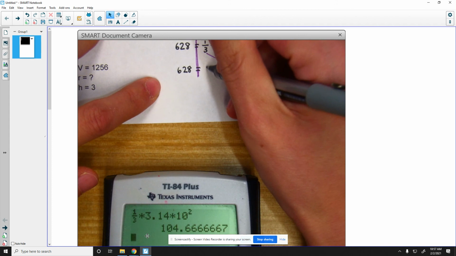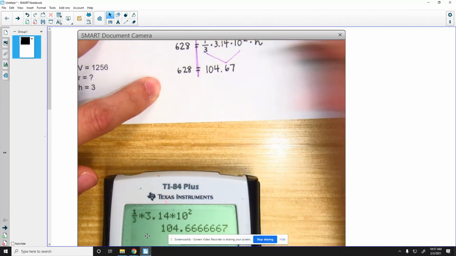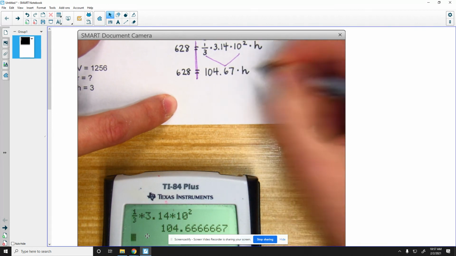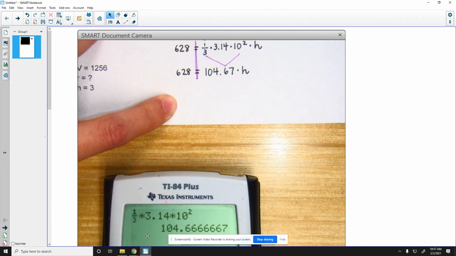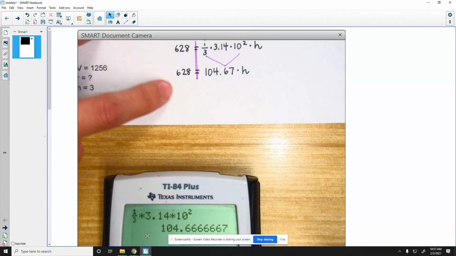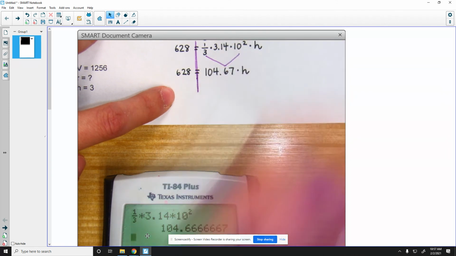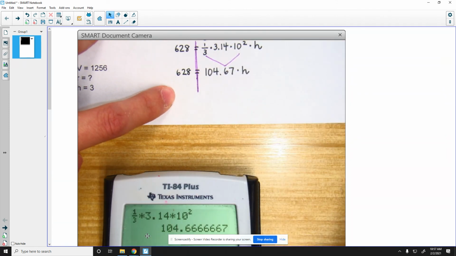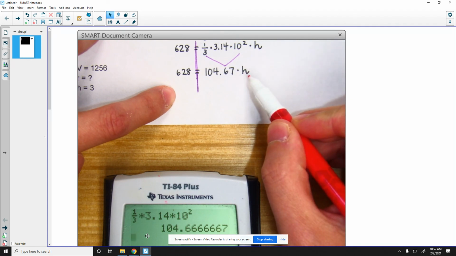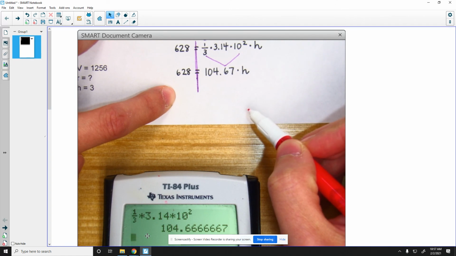I'm just going to round it to 2 decimals, 104.67 times h. Now do you see how I have a one-step equation like what I learned in 5th and 6th grade? What number is still on the same side as h? I want to solve for h, so I need to move something over to the other side. What number needs to go to the other side?